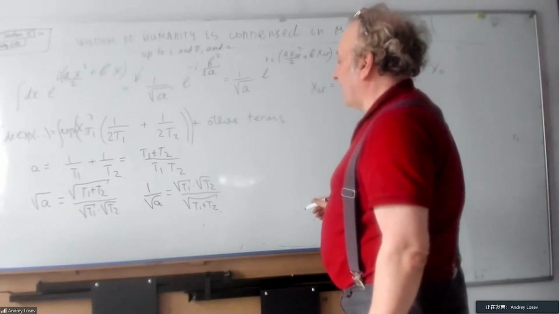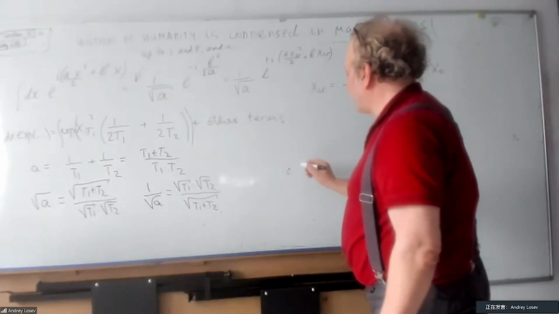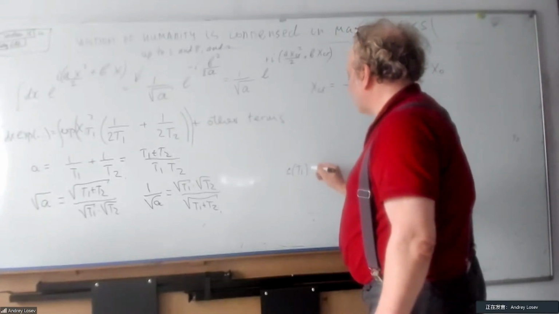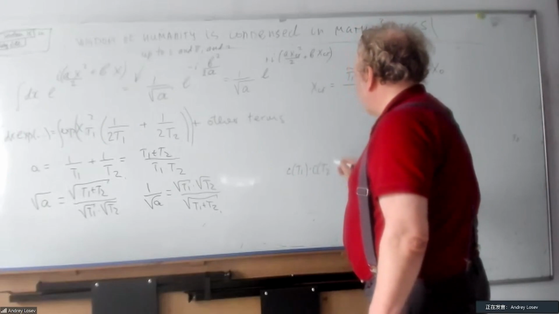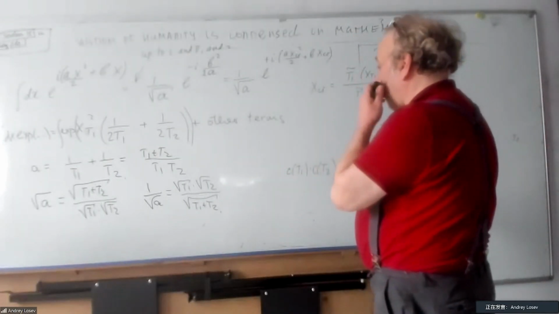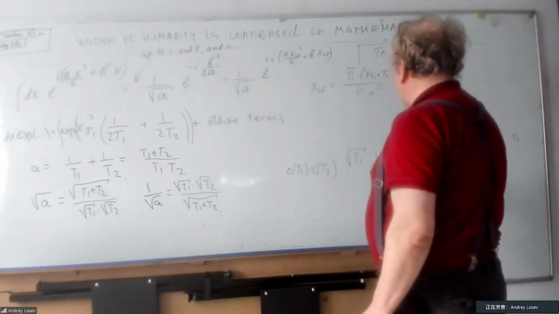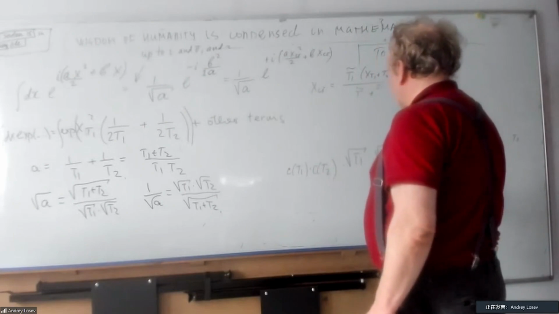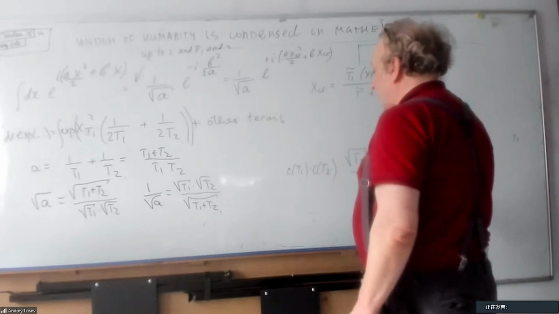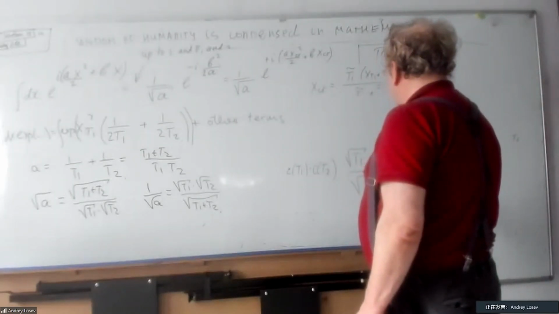And then factoriality assumes that C of t1, C of t2, and then this integral, times square root of t1, square root of t2, and here I have square root of t1 plus t2.